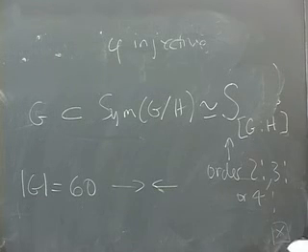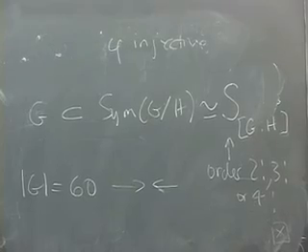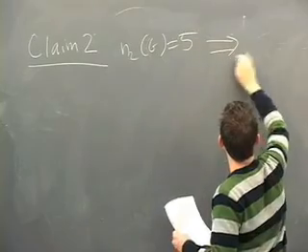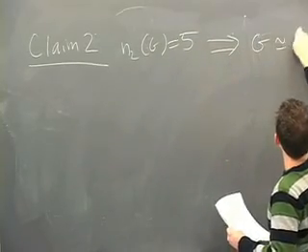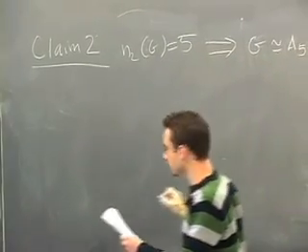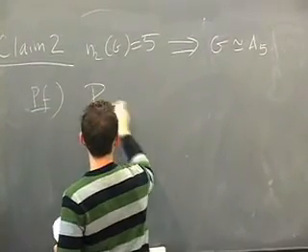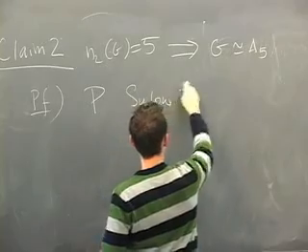Claim 2. n2 of G is 5, and G is isomorphic to A5. So, proof. Again, P is going to be some Sylow 2 subgroup.